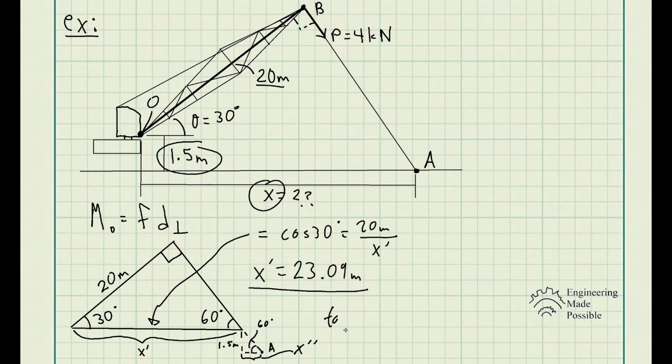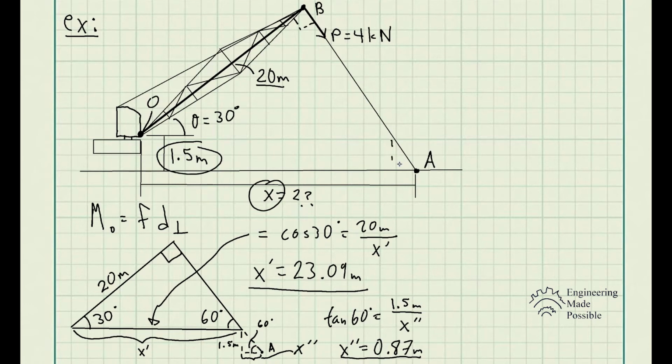Tangent 60 degrees is equal to opposite over adjacent, in this case x double prime. So with some algebraic manipulation, x double prime is equal to 0.87 meters.